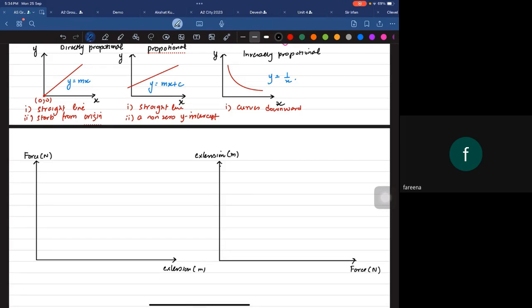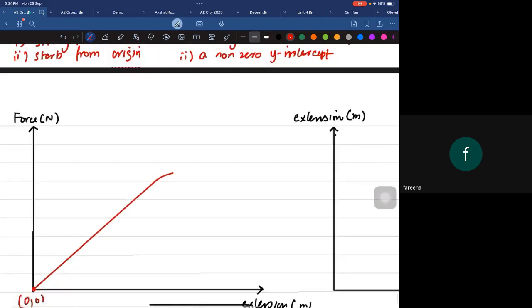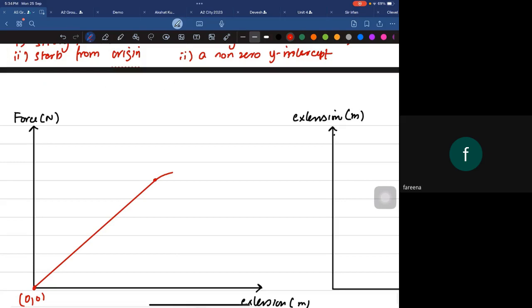Nothing really will happen. It starts with 0 and 0, like I said. It's a directly proportional graph. But at one point, this graph is going to get curved a bit. The point where it gets curved is called the limit of proportionality.